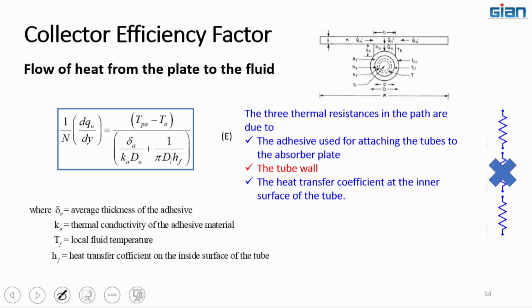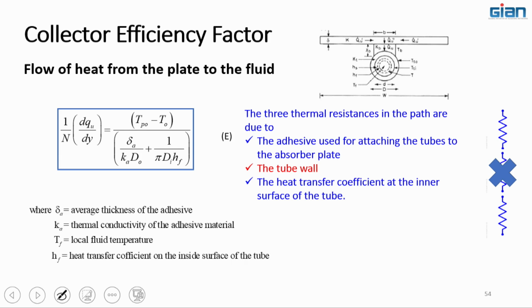So for the collector efficiency factor, what advantage do you get? Here this is the absorber plate, and you have applied some foreign material inside whose thermal conductivity is different from the material here and here. So you need to consider the thermal resistance offered by that material.